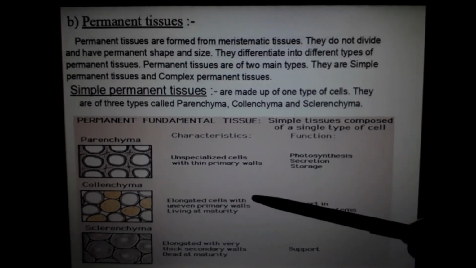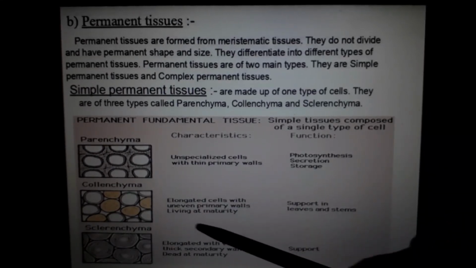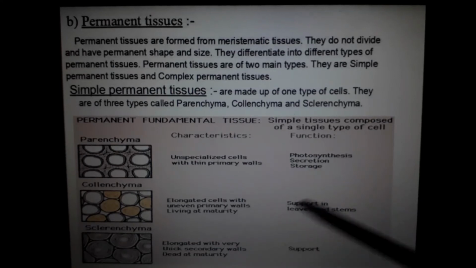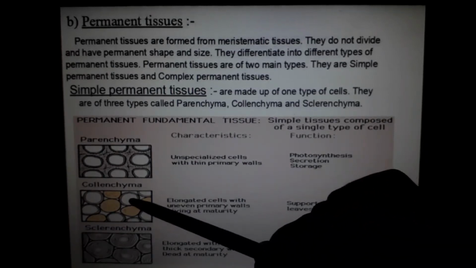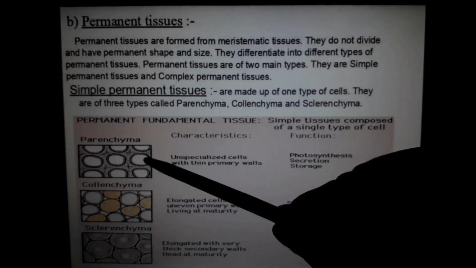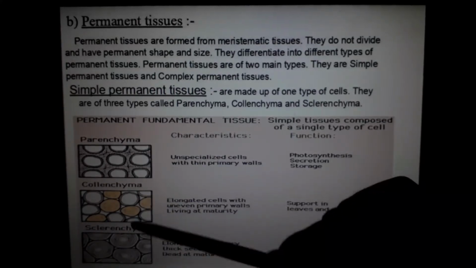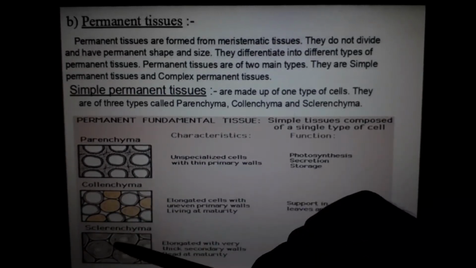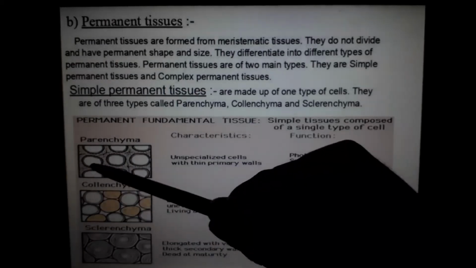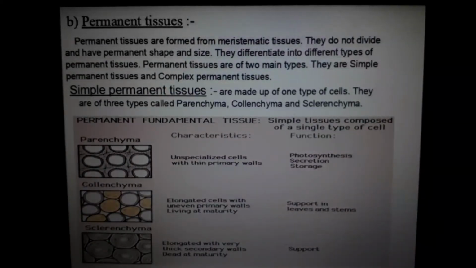They are elongated cells with uneven primary walls. Some are like parenchyma, some are like sclerenchyma. Collenchyma's function is to provide support for the leaves and stem.